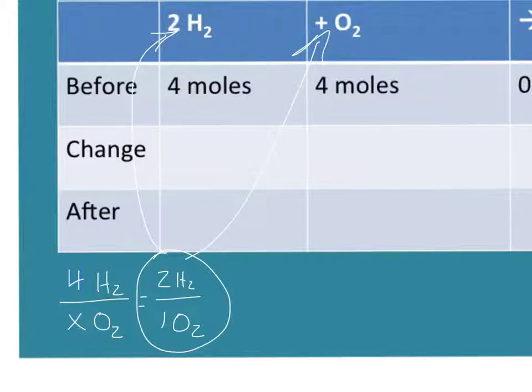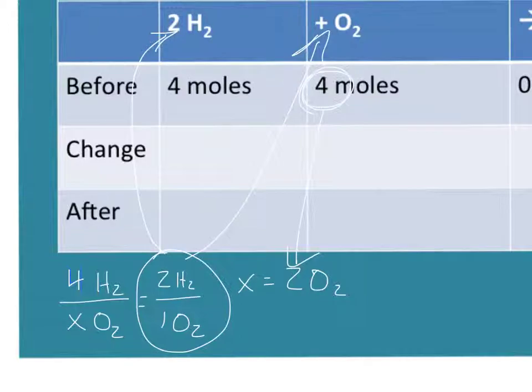If I cross multiply these, I end up with X equaling 2 moles of O2. Well, I think we can stop right there because we have 4 moles of oxygen, but if I use up all of my hydrogen, I only need 2 moles of oxygen.